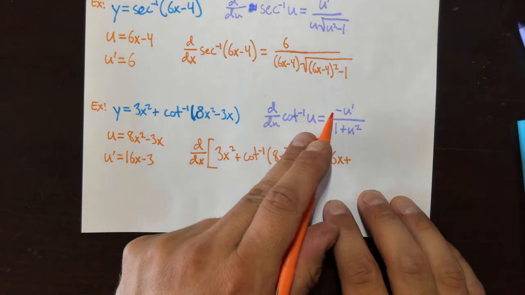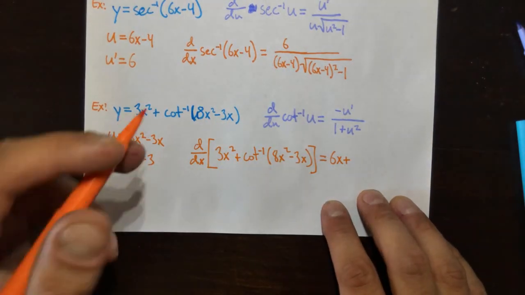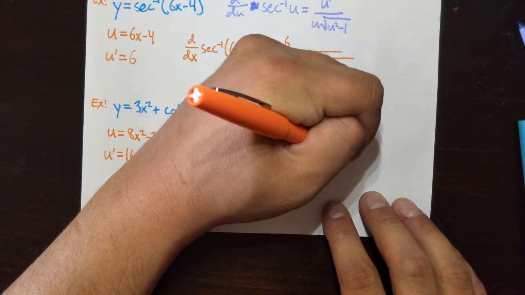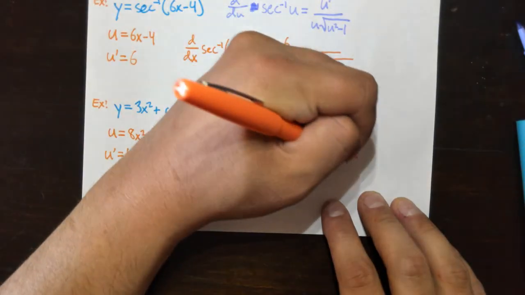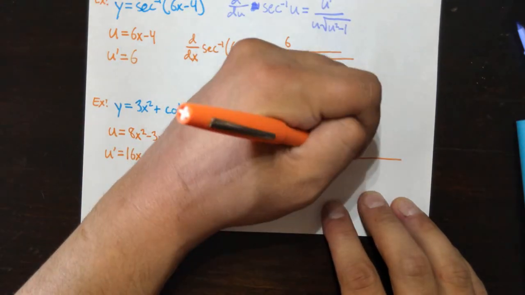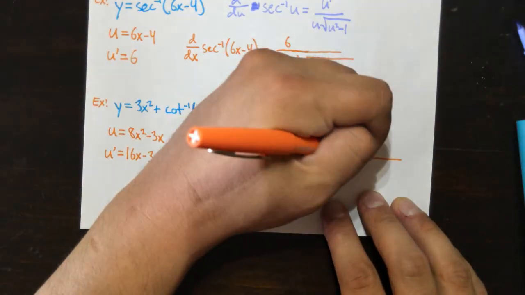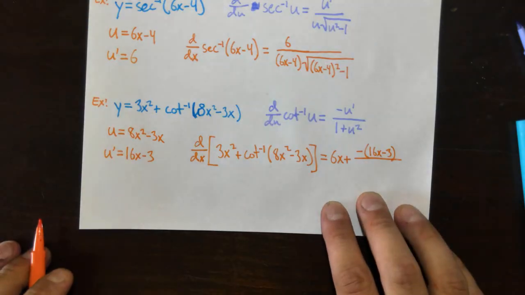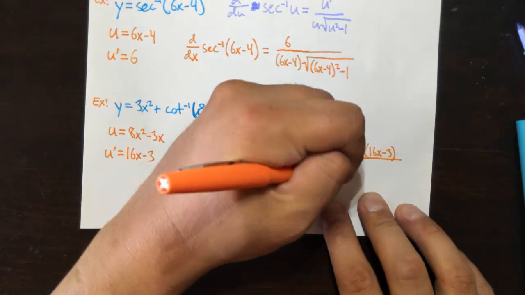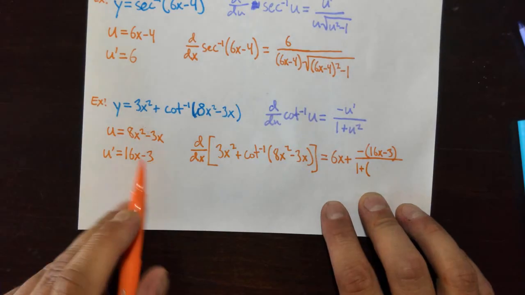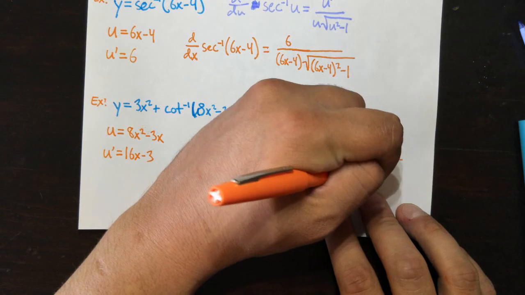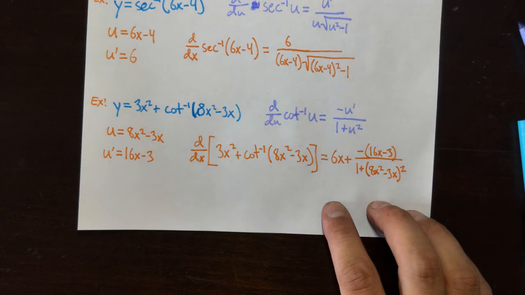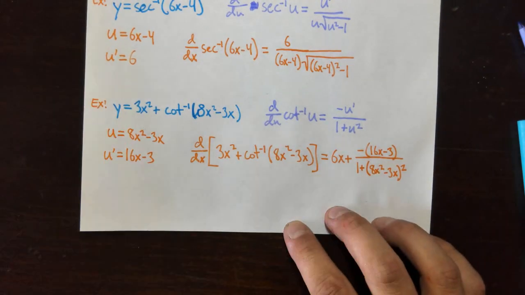So negative u prime, so it's going to be negative 16x minus 3 over 1 plus u squared. So 1 plus, in parentheses, 8x squared minus 3x, squared. Just like that. And that is the derivative of y.